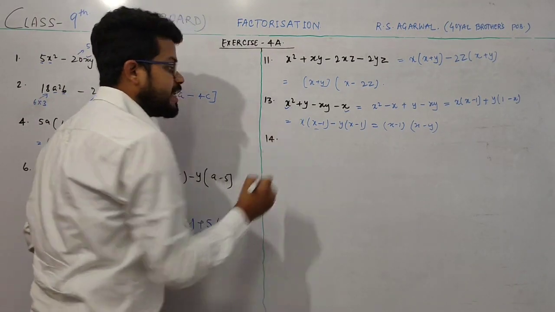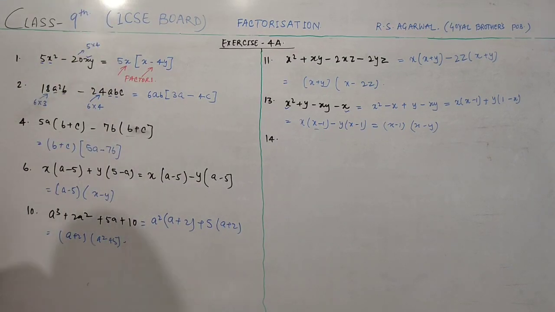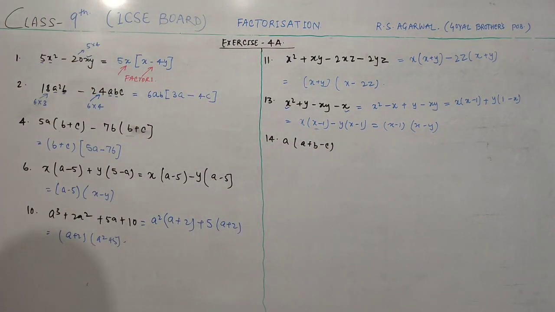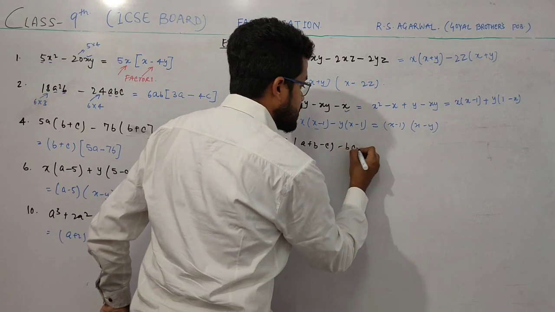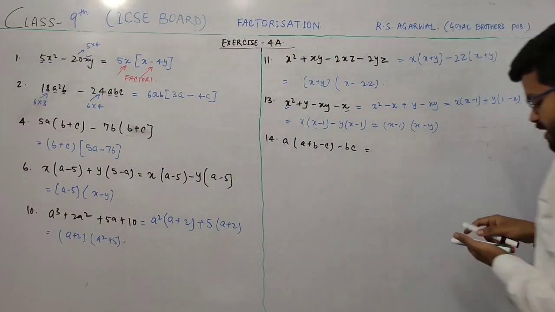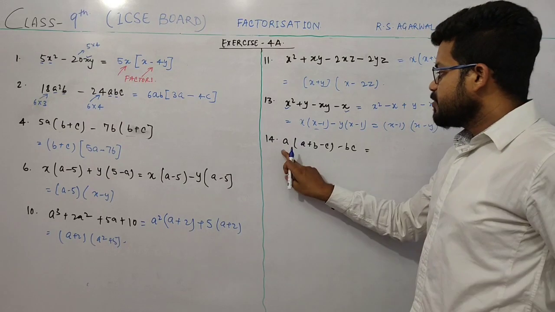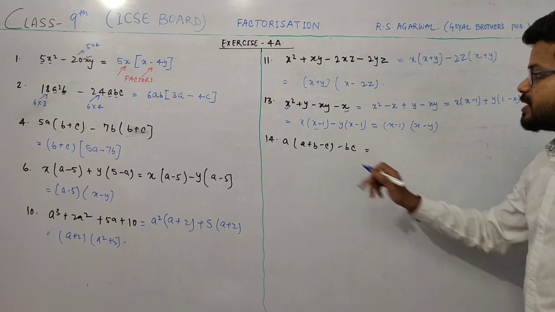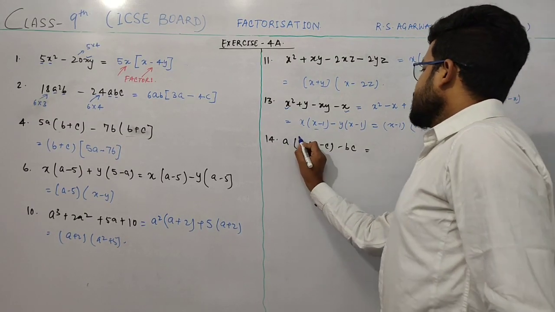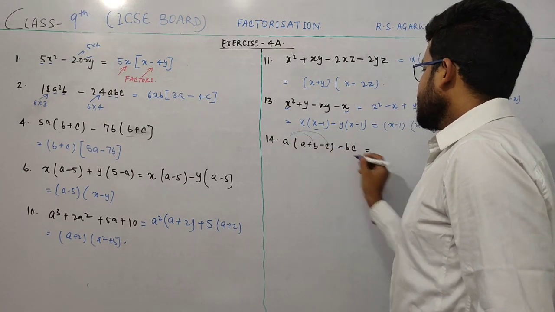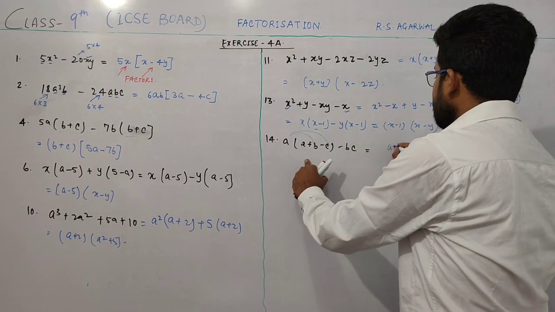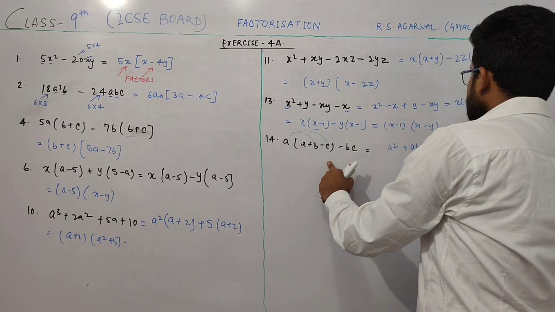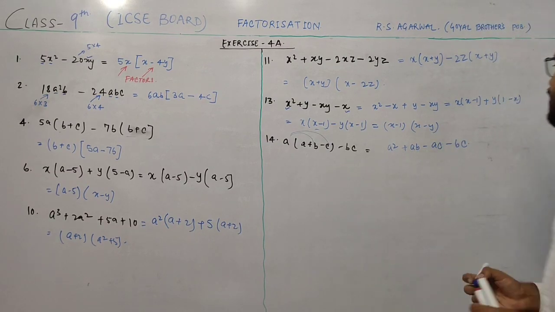Question number 14 is a plus b minus c minus bc. So how do I do this question? Firstly we have to multiply this a with all the terms inside the bracket. If I open this bracket, I multiply a with this and this: a square, ab, minus ac, and minus bc.